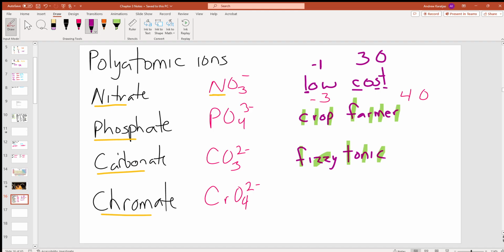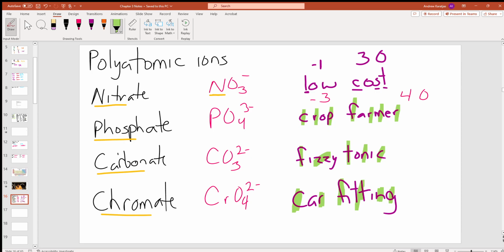Finally, among this group, chromate, maybe think of chrome as something being on a car. So we use the phrase car fitting. So car has 1, 2 consonant sounds for -2 charge, and fitting has 1, 2, 3, 4 consonant sounds for 4 oxygens.